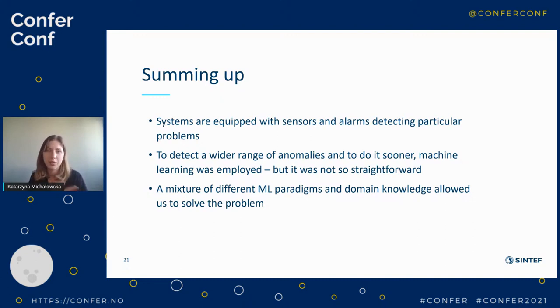We wanted to detect a wider range of anomalies and to do it early to not suffer these consequences. So we tried machine learning and we succeeded, but it was not so straightforward. To do that, we had a mixture of different machine learning paradigms and domain knowledge from our experts, and we solved this problem.